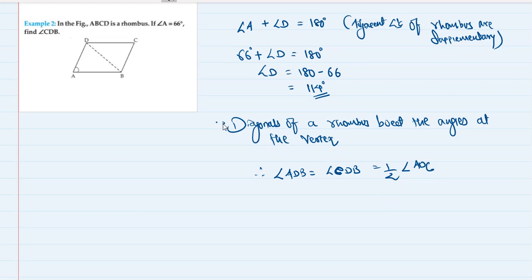Since diagonals of a rhombus bisect the angle at the vertex, this part of the angle will be equal to this part. So angle CDB is equal to half of 114, that is angle ADC. So angle CDB is equal to 57 degrees.